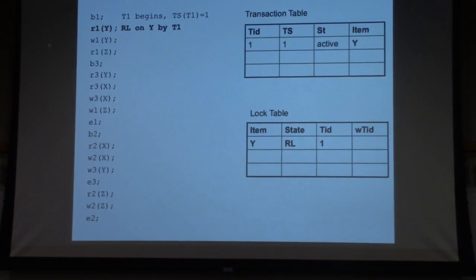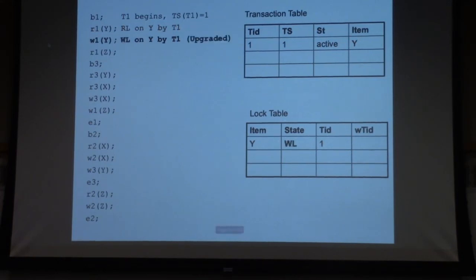So a read means first you need to get the read lock. So update the lock table for what? Data item 1. What is the lock type? Read lock. And which transaction? Transaction number 1. And this transaction table should be updated because it's still getting the read lock on data item 1. So this is the current status when you are done with the second operation.